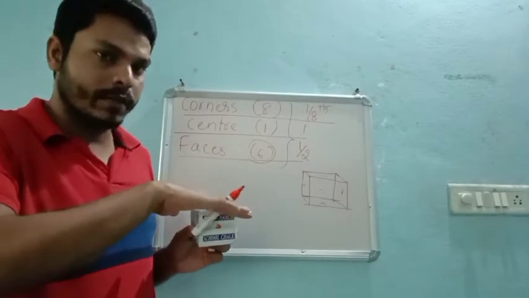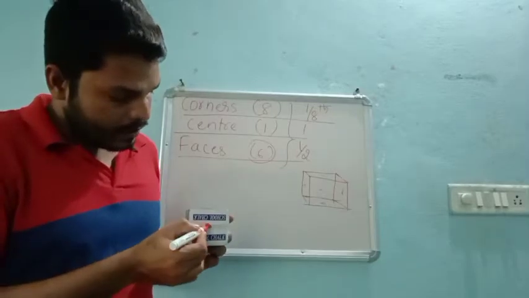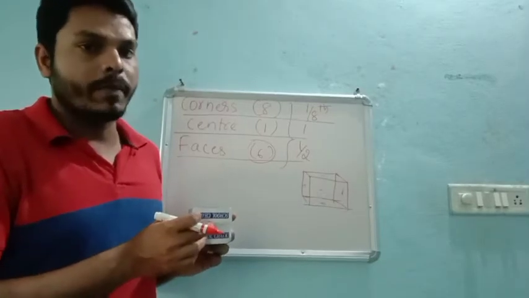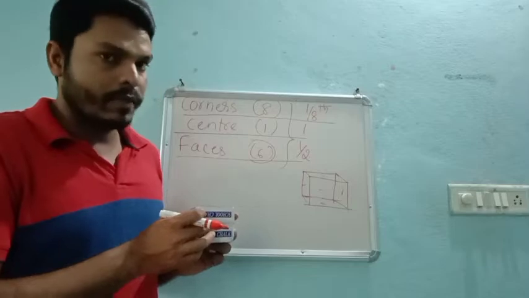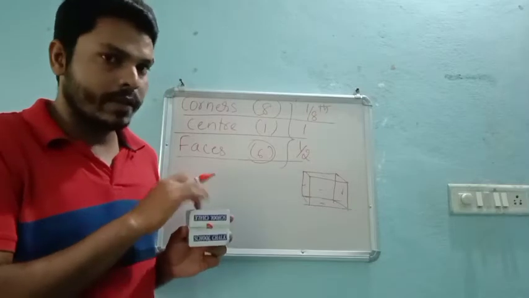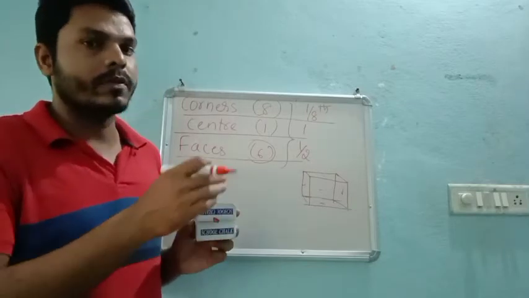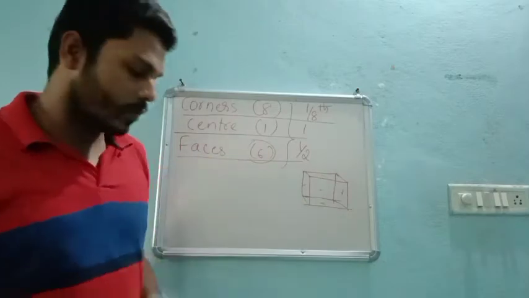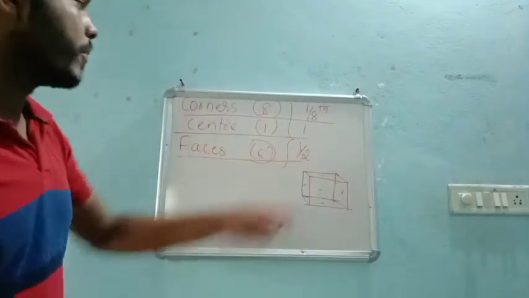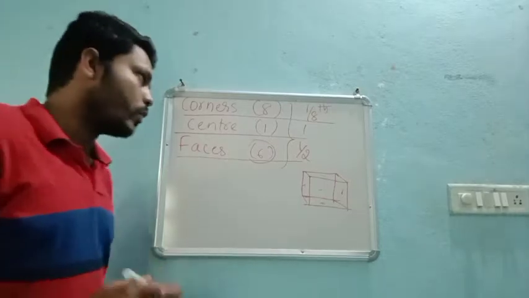Consider one more unit cell here. That means the constituent particle not only belongs to this cell, it will also belong to the other cell. So that's why its contribution will always be 1 by 2.